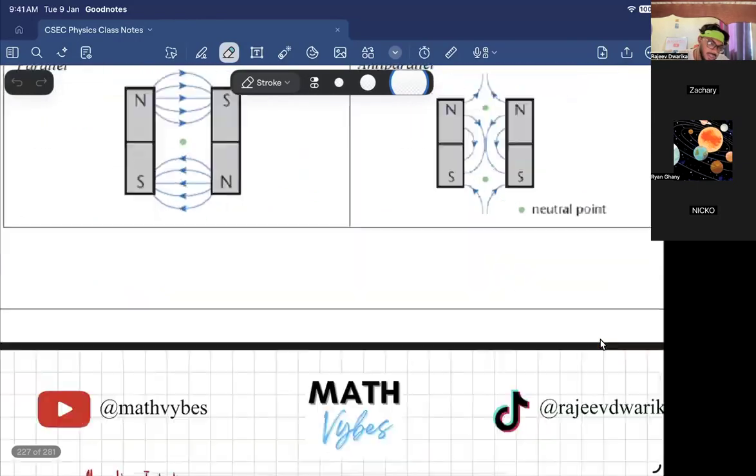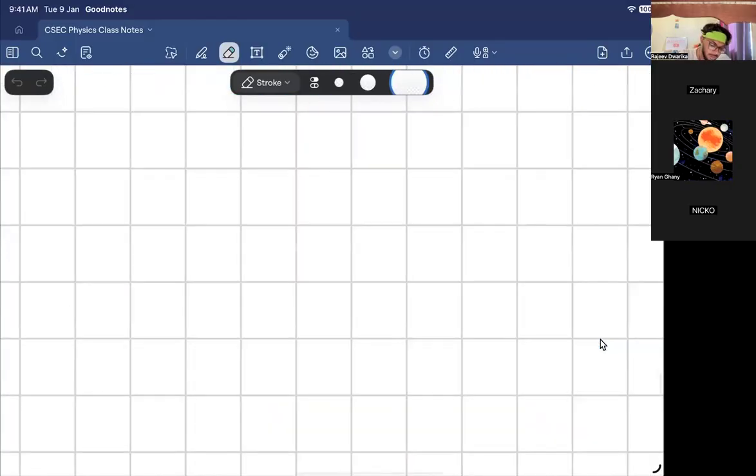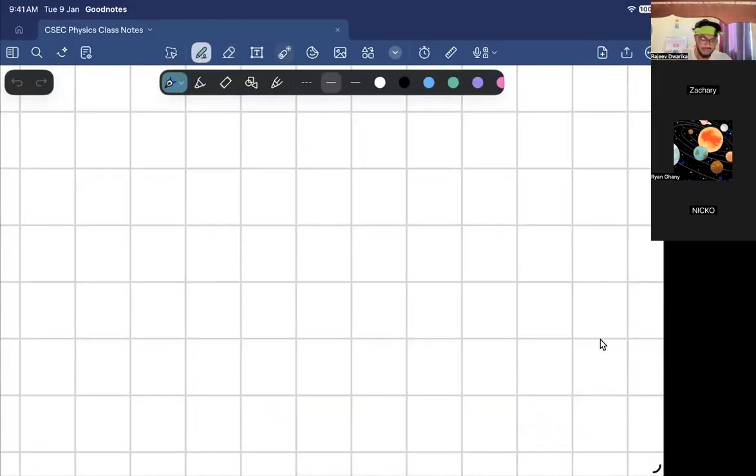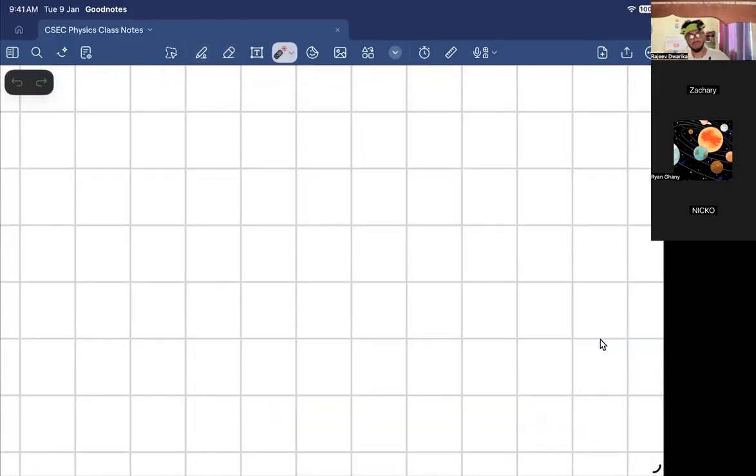Could you all give me some differences between a temporary magnet and a permanent magnet, just to recap from last class? Temporary versus permanent. What's the difference? Ryan: One stays magnetic for a period of time and one stays magnetic permanently. What's another difference?